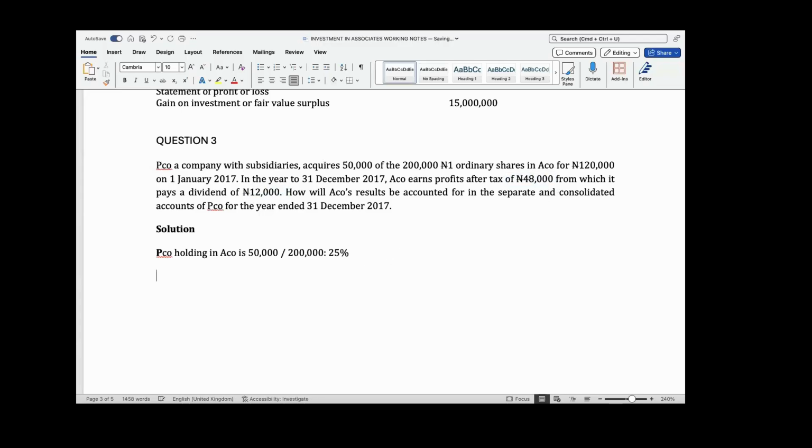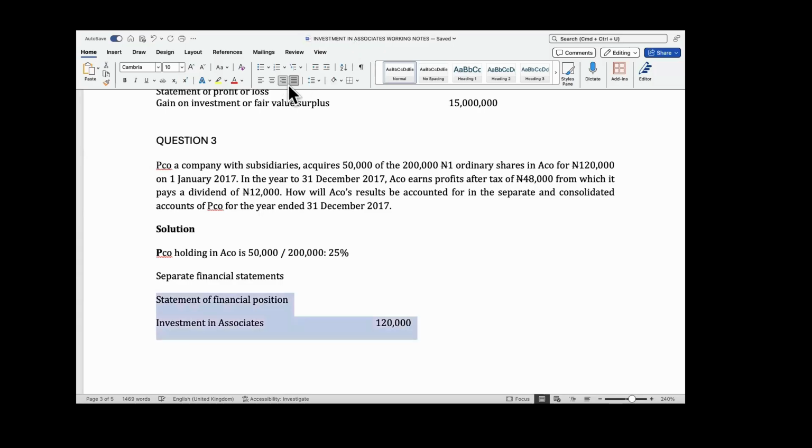So that means in the separate financial statements, let me do financial position first. Under statement of financial position, I will have investments in associates, and I will just recognize how much I paid.